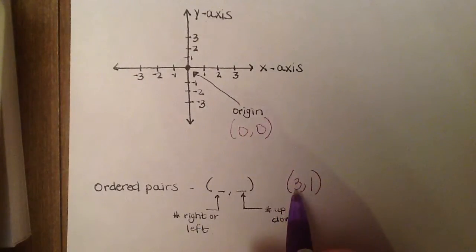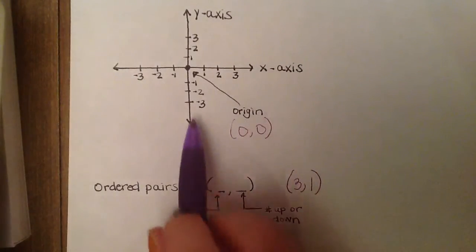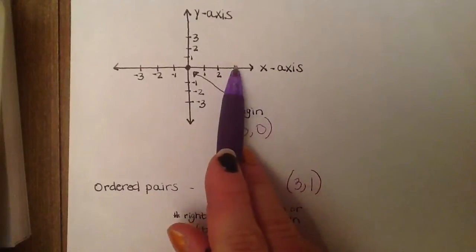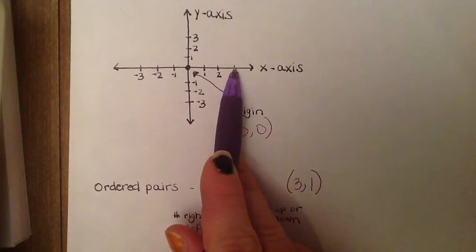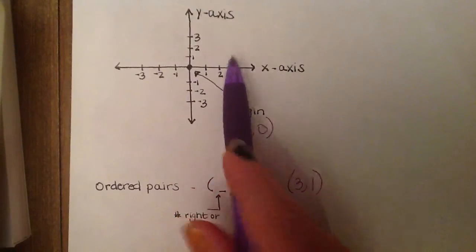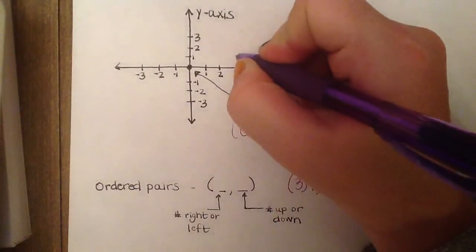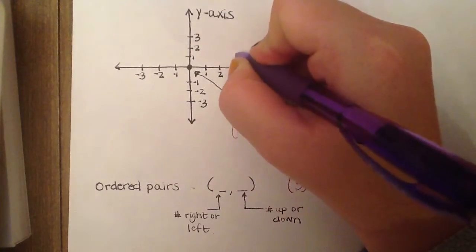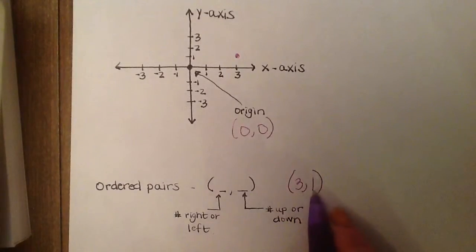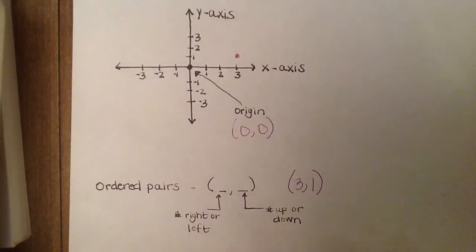The first number, 3, tells me, when I start at the origin, that I am moving a positive 3, so I'll move to the right. Leave your pencil there. The next number is a 1. Since it's a positive, it tells me I'm going to move up 1 and put my point there. So that first number, right or left, second, up or down.